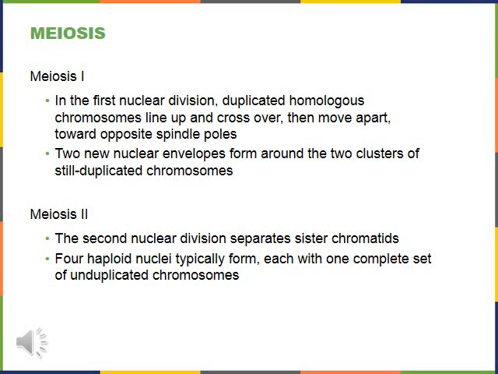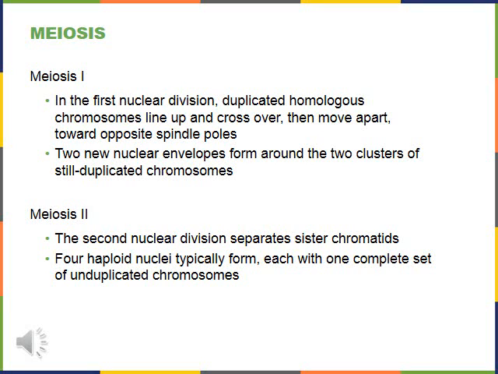We're still going to have the spindles lining up the chromosomes, and then the spindles pulling those chromosomes apart and putting the parts into each cell that is created, basically. And so at the end of meiosis 1, we have 2 cells that have formed.